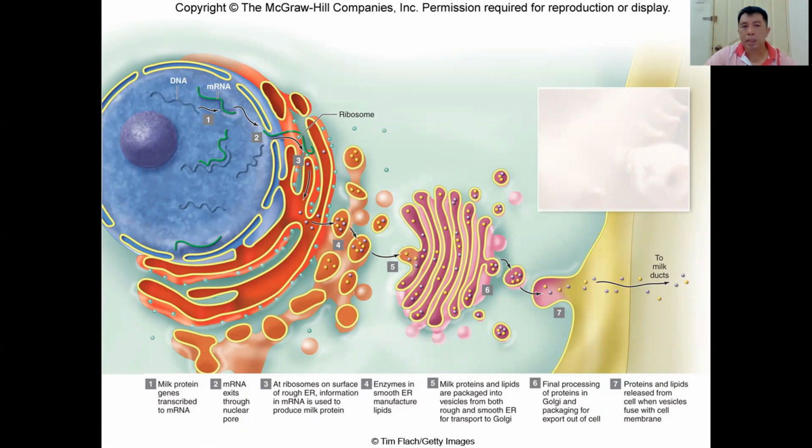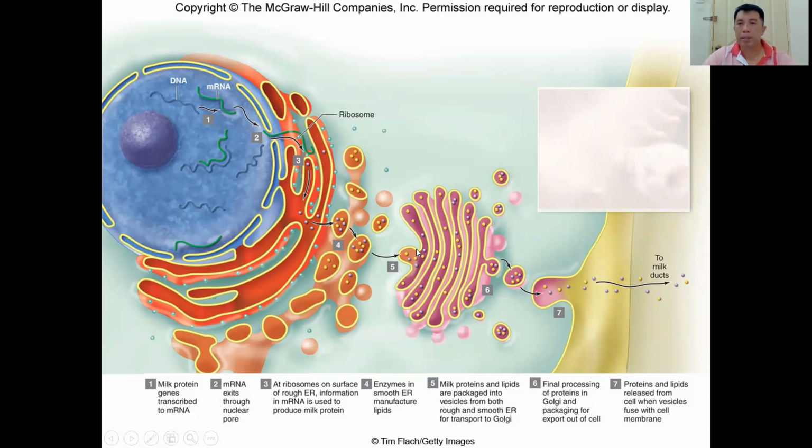Okay, then the polypeptide they form is inserted into the lumen of the ER. So actually in the lumen of the ER, a modification of proteins takes place, especially glycosylation. Then after that, they are budded off into the transport vesicle and transported to the cis phase of the Golgi apparatus.